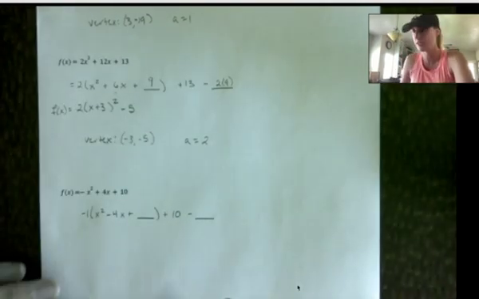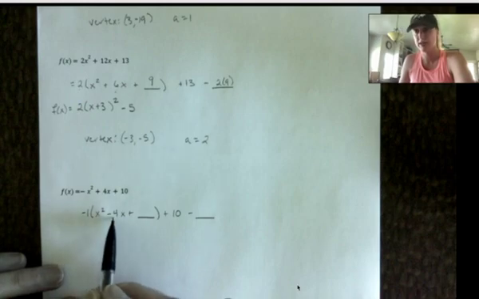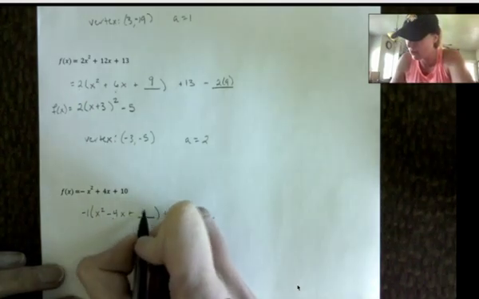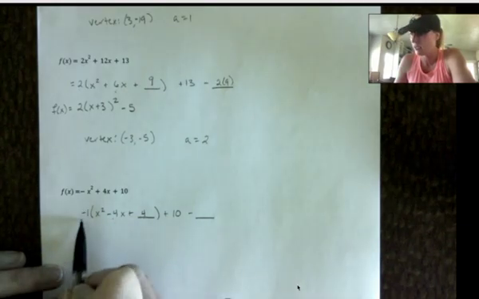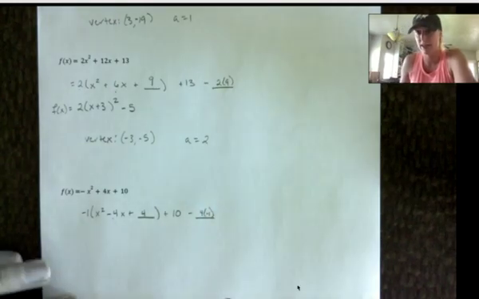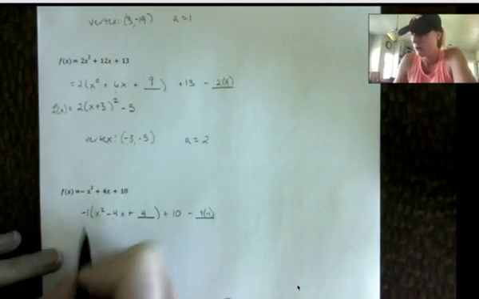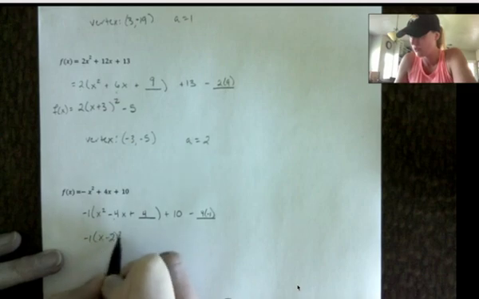All right, so looking inside here, b over 2, negative 2 squared, positive 4. Okay, but I have 4 times negative 1, so I also need to be subtracting 4 times negative 1 here. Okay, so negative 1, b over 2 is negative 2 squared.